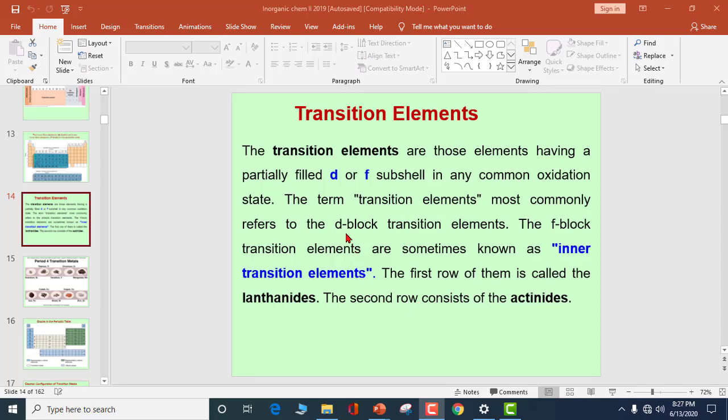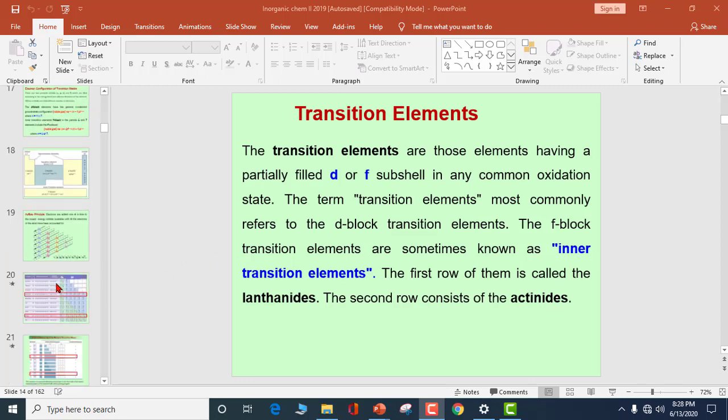From this electronic configuration of transition elements, we reach another conclusion also, in the definition: transition elements are those elements which have a partially filled d or f subshell, which means that the d and f orbitals are in the process of completion, whether in their oxidation state or in their ground state.